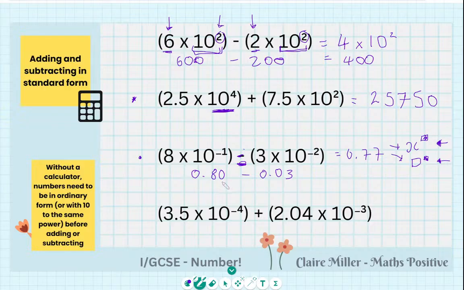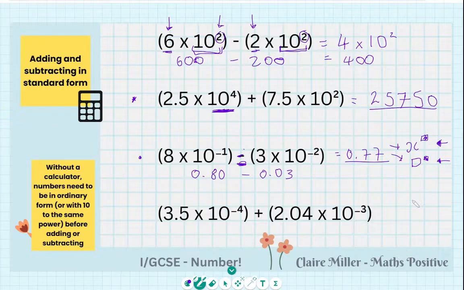I'm putting an extra 0 in here so I can work this out a little bit more easily. But it's like 80 hundredths, take away 3 hundredths, so 0.77 makes sense. And then, of course, we could turn all of these into standard form. And the questions I've asked at the end will ask you to turn them into standard form.